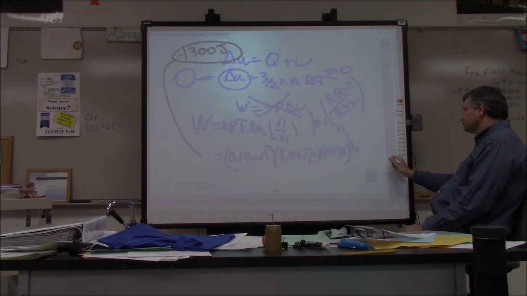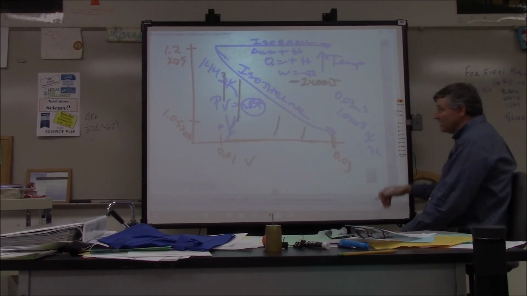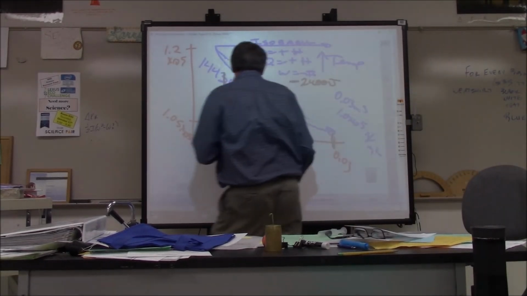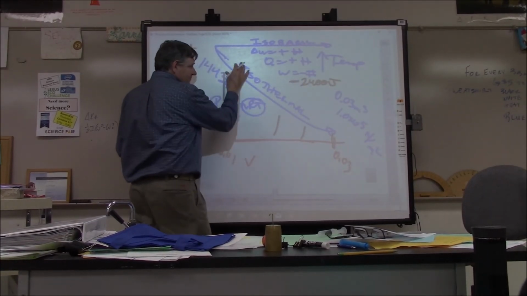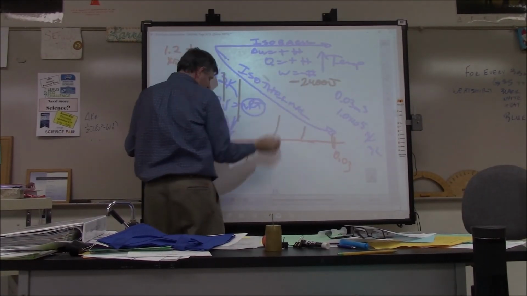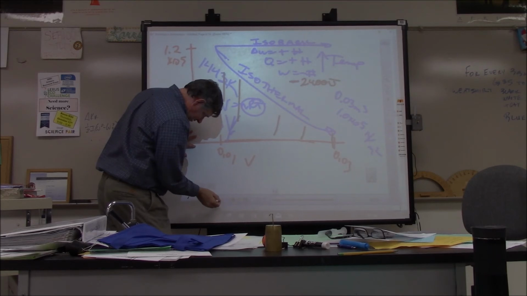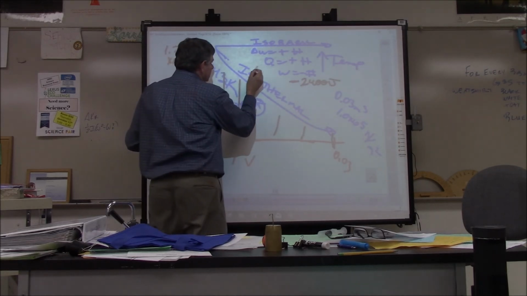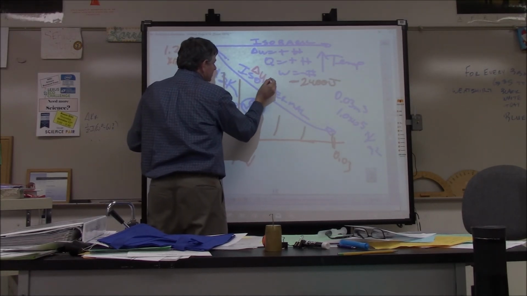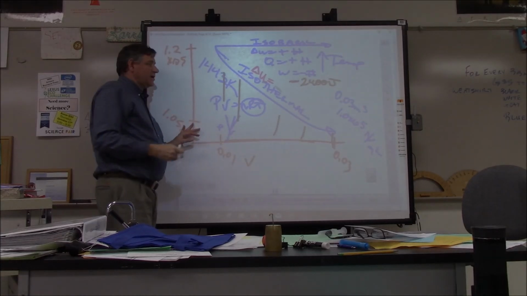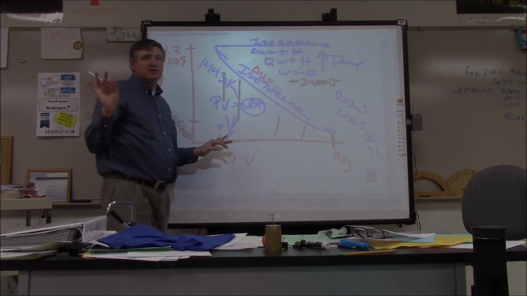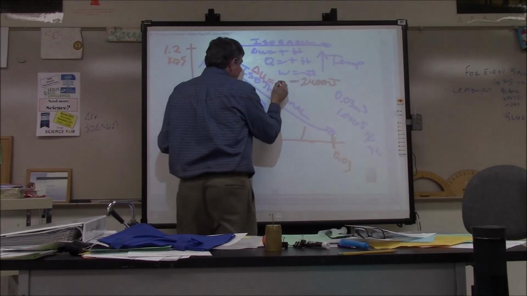So here's what we've got. On an isothermal expansion, delta U is going to equal 0.